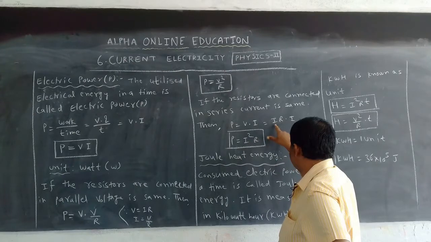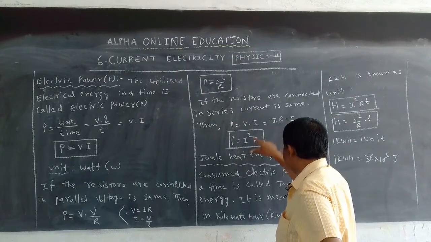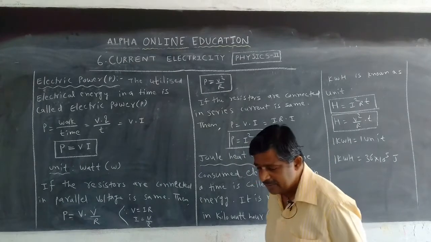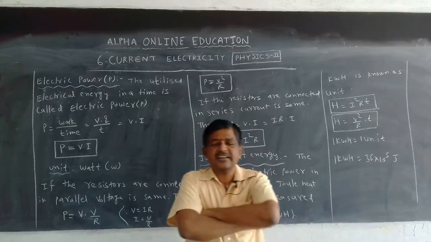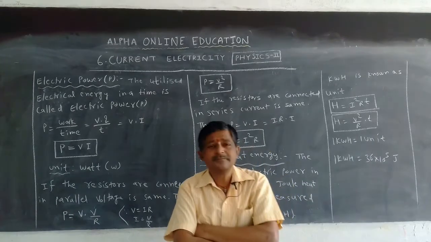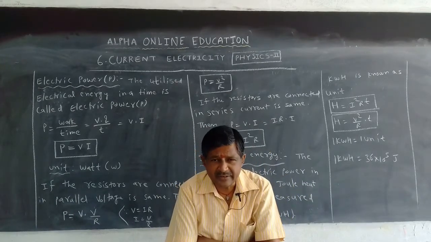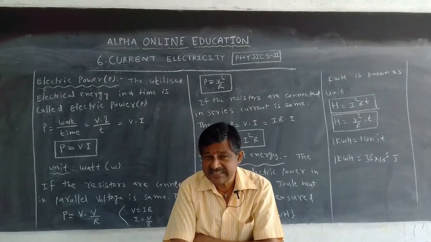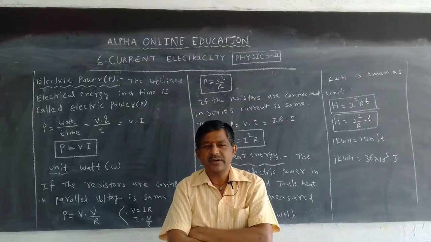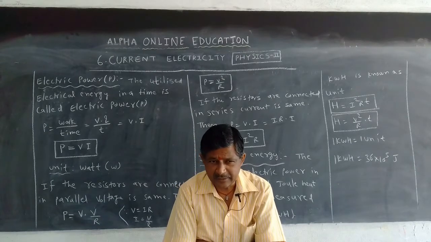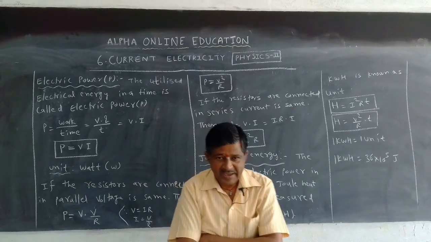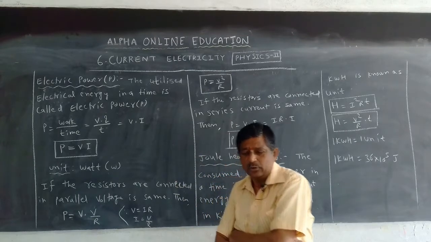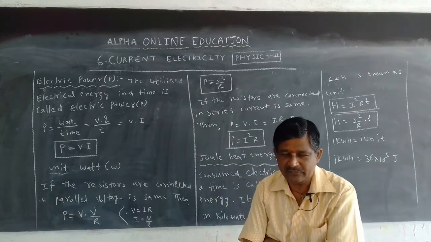So I into I square R. Means when the resistors are connected in parallel, the electrical power is V square by R. When the resistors are connected in series, the equation for electrical power is I square R.